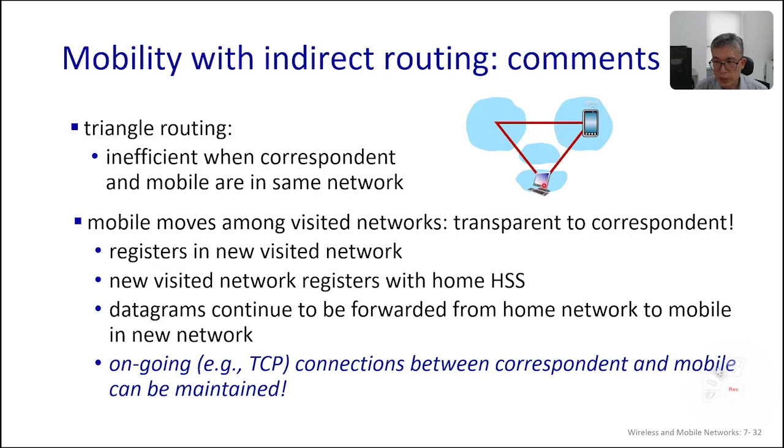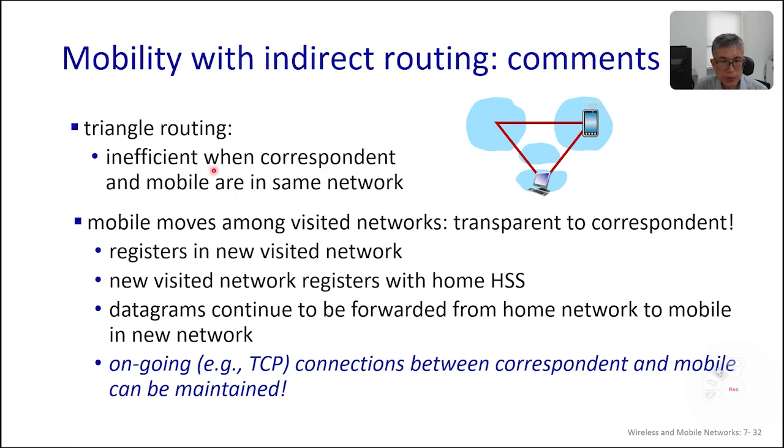This is the triangular routing problem: the request goes here, the response goes there. In that case, a better way is for the visited gateway to forward the reply directly. Also, if the correspondent knows the care-of address of this mobile device, it can contact the mobile device directly.